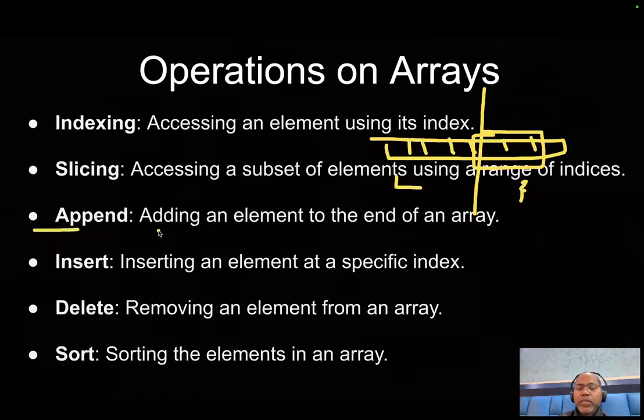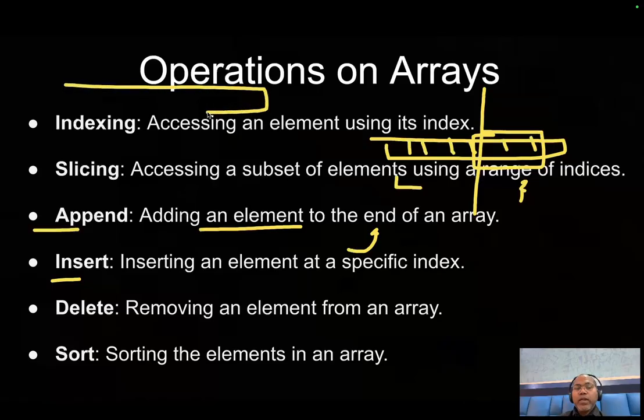And append: as a programmer, sometimes you have created an array of ten elements and you want to add more, so at the end of the array you can use the append method. Or insert: that means at a specific position I am going to insert a value. Say, I want to put a value at position one, position two, or position three. This is also supported.